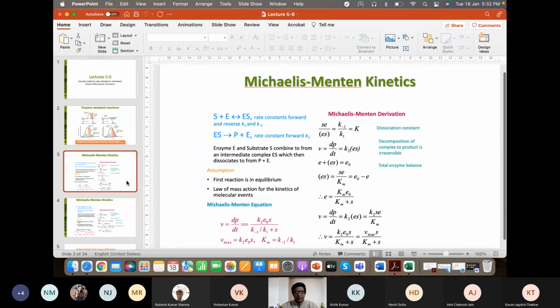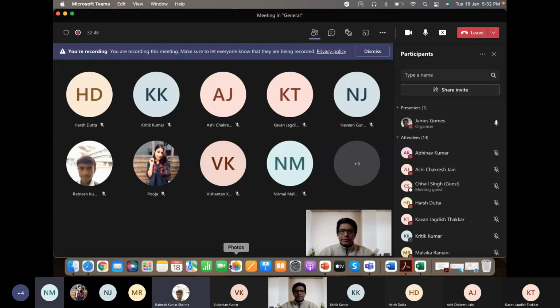So let's look at the very first and basic reaction. How many of you have done this in your class? Hello? We know about this equation, but not in class. So have you done a detailed analysis of the Michaelis-Menten reactions, at least those who are coming from DBB?